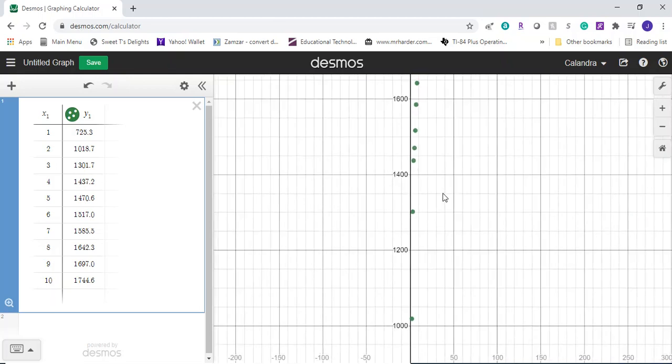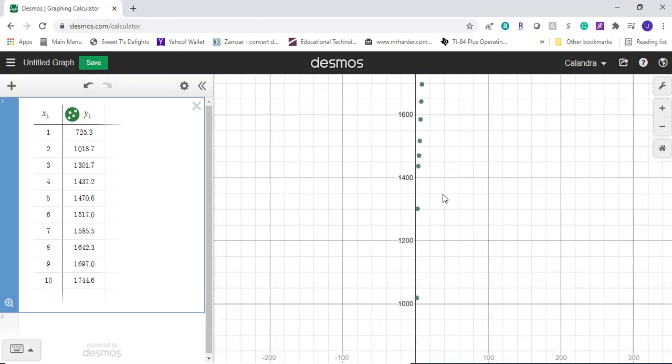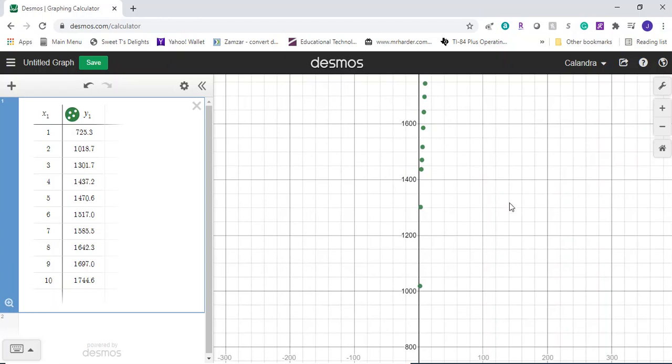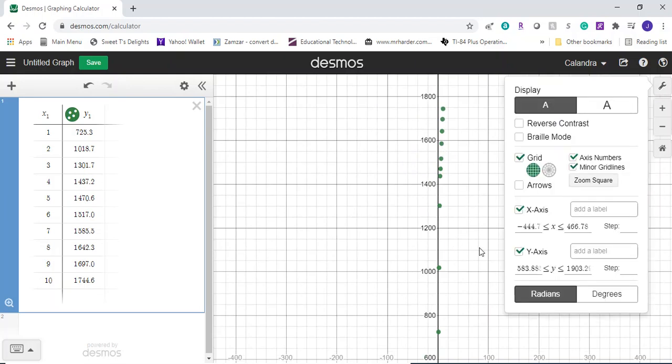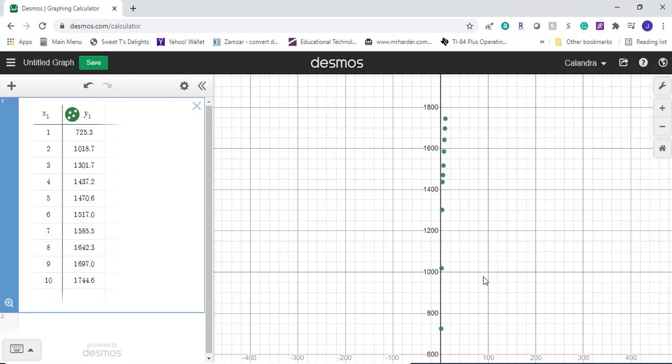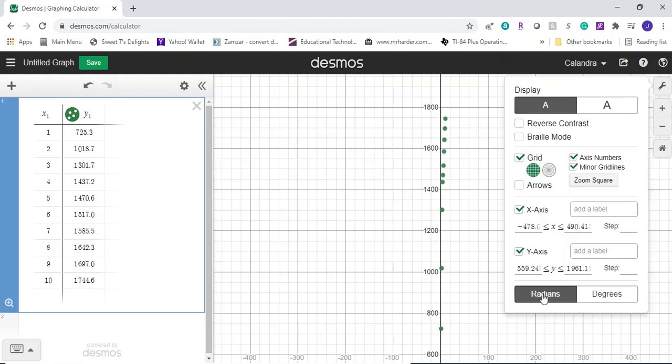Okay, now by doing 700 to 1800, as you see here, we can see the graph a little better. But we might be able to do it just a little better than this here. With the X values, well, that's just 1 through 10.